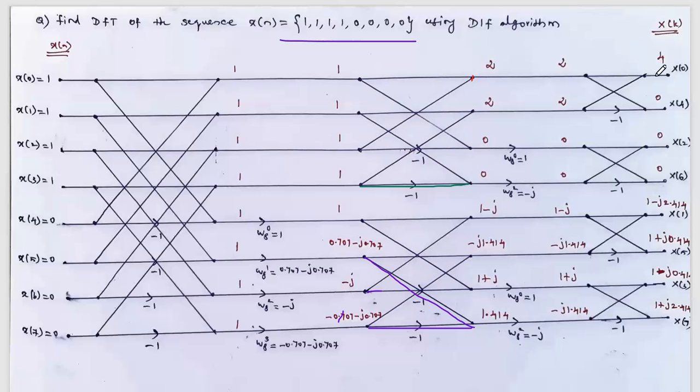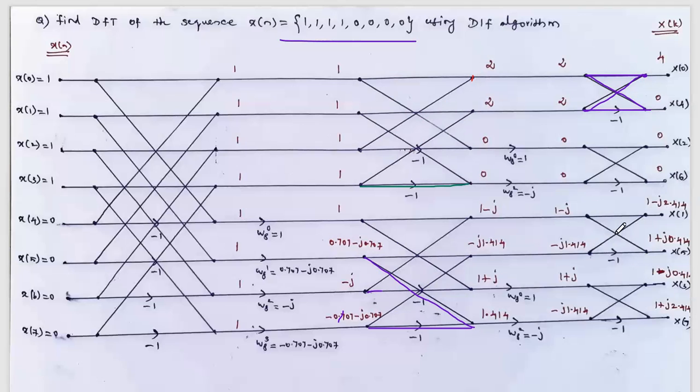Then finally we have to find the output. Here you see 2 plus 2, 4. Here 2 multiplied with minus 1, so 2 minus 2, 0. Similarly here 0, 0, 0, 0, 0, 0. Similarly here 1 minus j added with minus j 1.414, so 1 minus j 2.414.